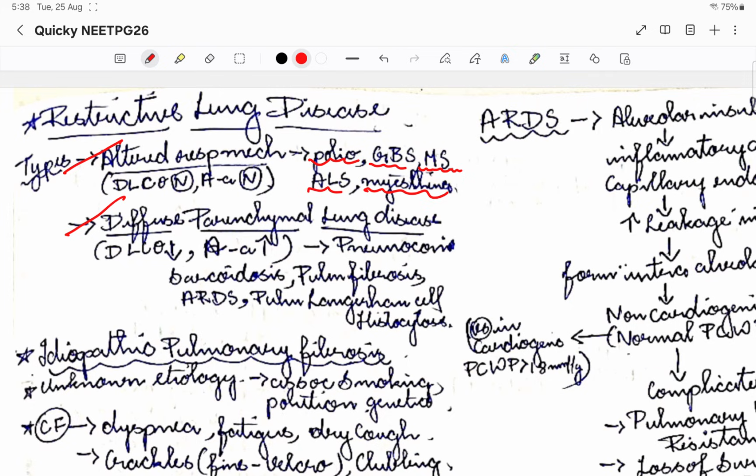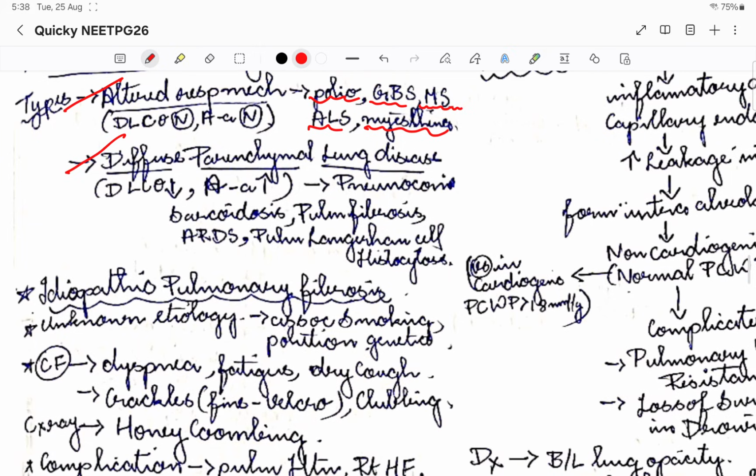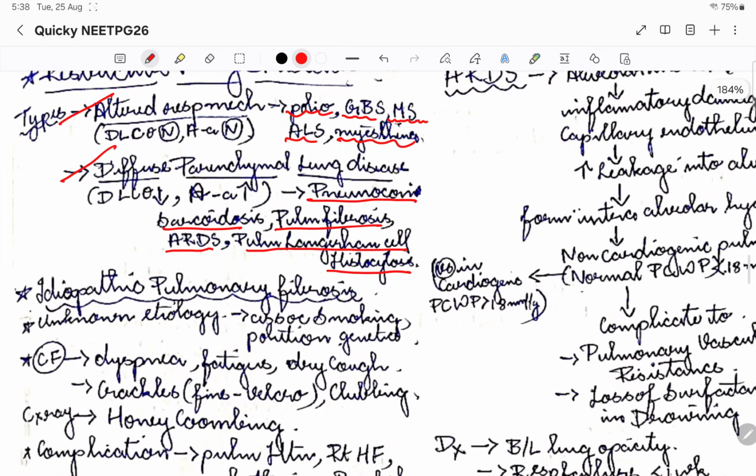But our focus is on diffuse parenchymal lung disorders, that is pneumoconiosis, all the occupational disorders, then sarcoidosis, pulmonary fibrosis, then ARDS, then pulmonary Langerhans cell histiocytosis. So these are the diffuse parenchymal lung disorders. Okay, here the alveolar diffusion capacity is affected, just like we studied in emphysema.